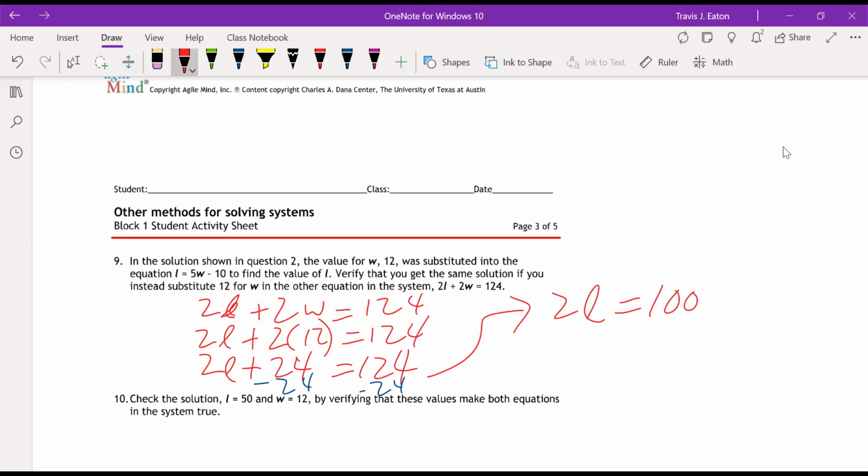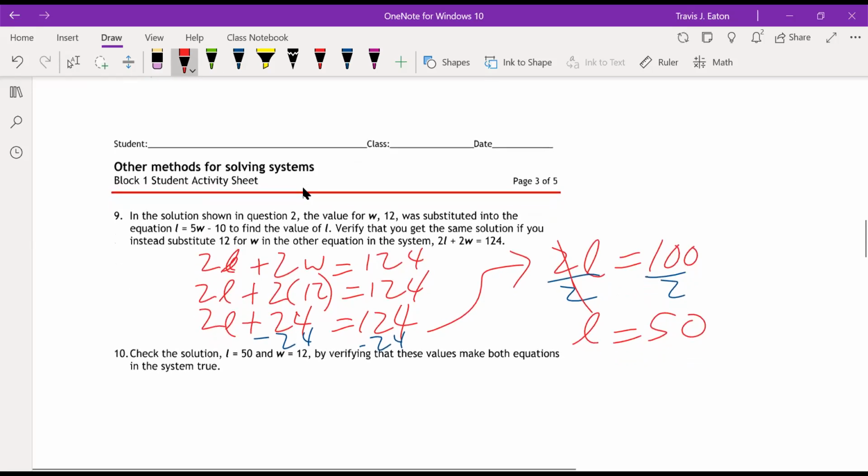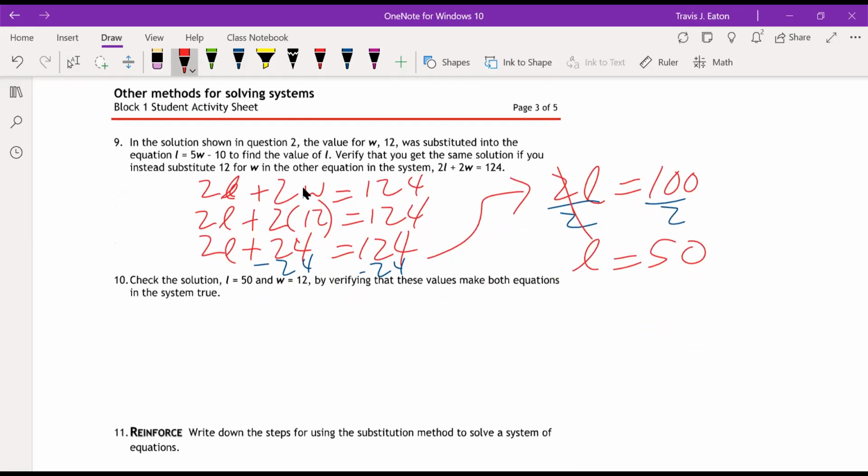And then, again, we divide by 2, and I get L equals 100 divided by 2, which is 50. So then all we have to do is check the solution in number 10 for L equals 50 and W equals 12 by verifying that these two values make both equations true.